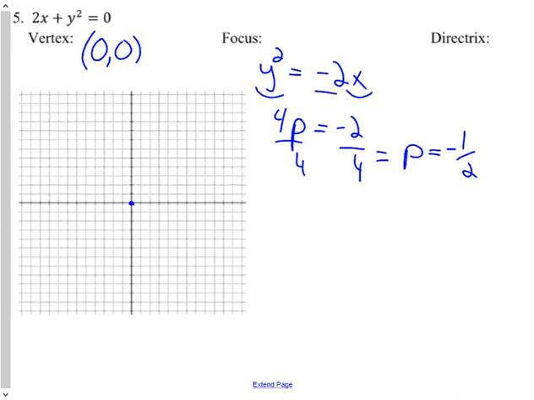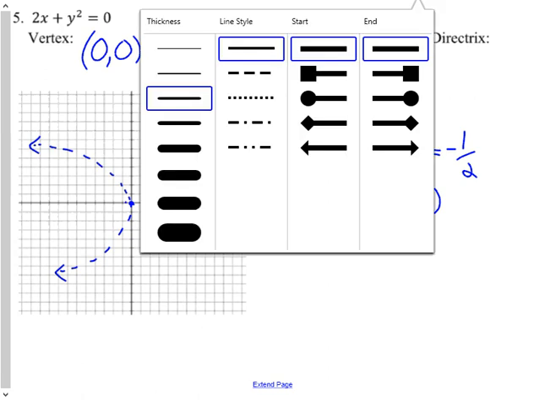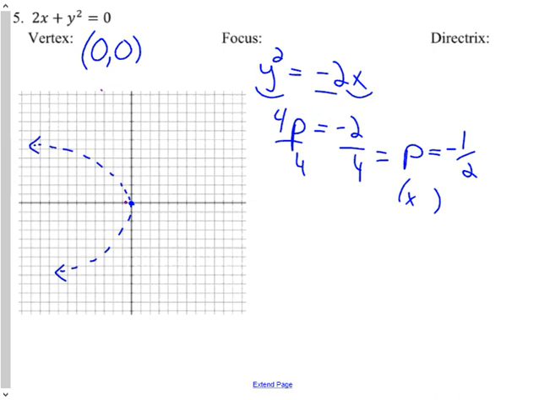That says we're opening to the left, because when you think about x's, moving to the right is positive, moving to the left is negative. So in this case, our graph is going to be something like this already. But let's graph the focus and the directrix. So negative half from my point. Since I have colors, I'm going to choose purple this time. My focus is right there, half in.